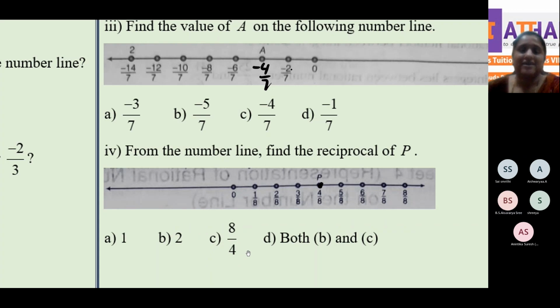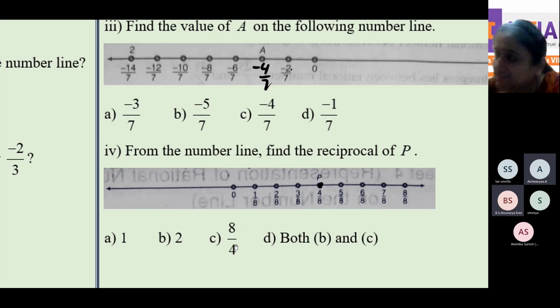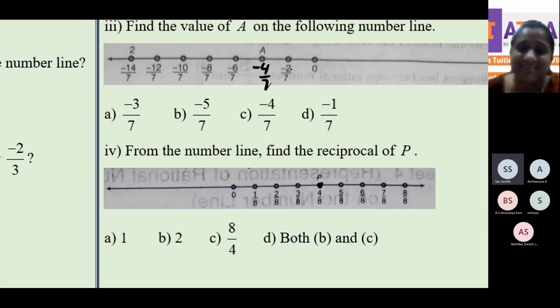How many of you say C? Anantika, Aishwarya, Shreya, Sai Smriti say C.